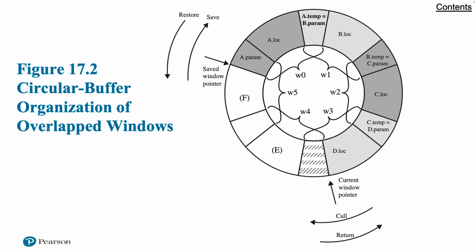Only the first 2 portions, that is A.N and A.LOC, need to be saved. Then the SWP is incremented and the call to F proceeds.